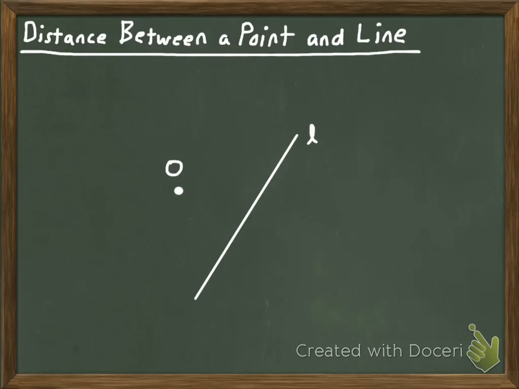For instance, I could draw this segment which goes from point O to the line. I could draw this segment here. I could draw this segment way over here. Lots of ways for me to get from the point to the line. However, none of those that I've drawn so far would be considered the distance or how far that point O is from line L. Because what we're interested in is the shortest distance between point O and the line.